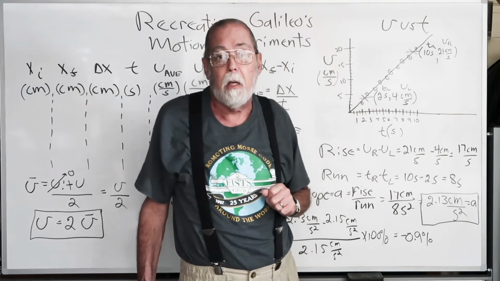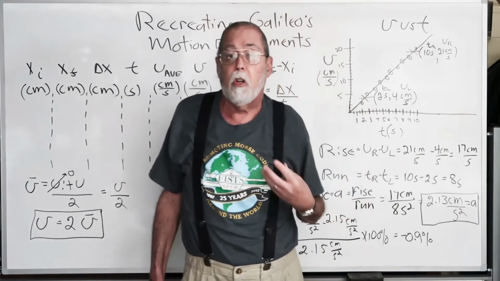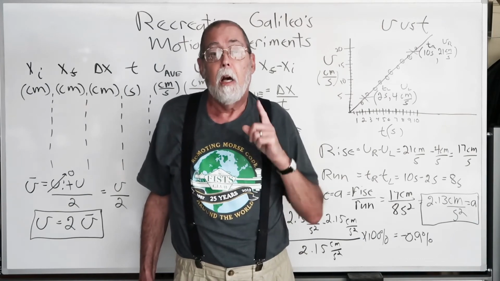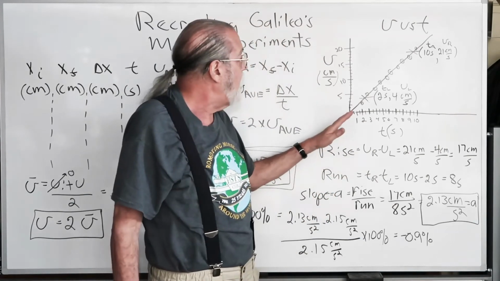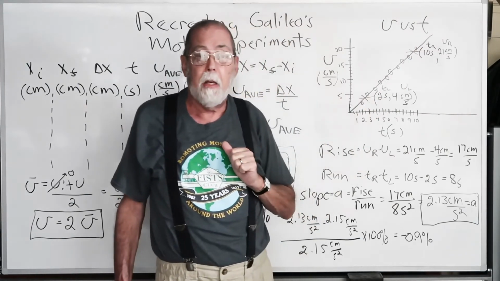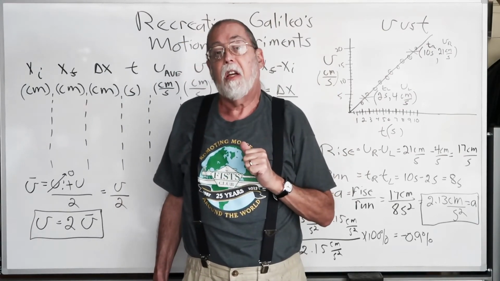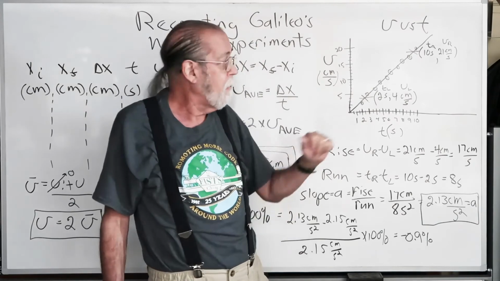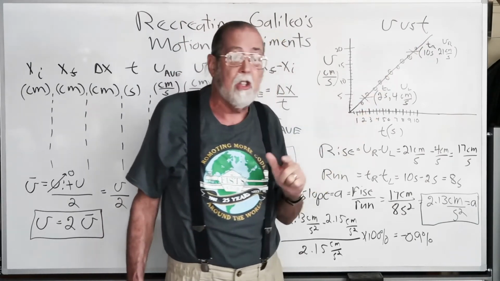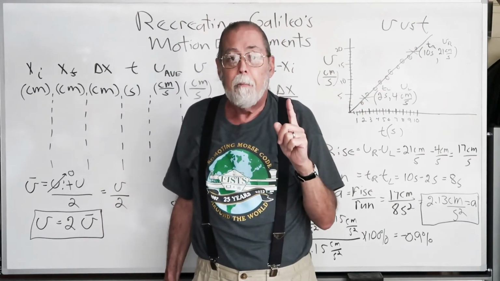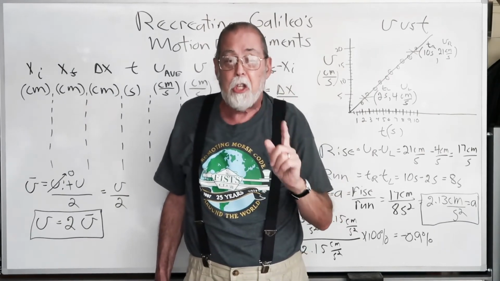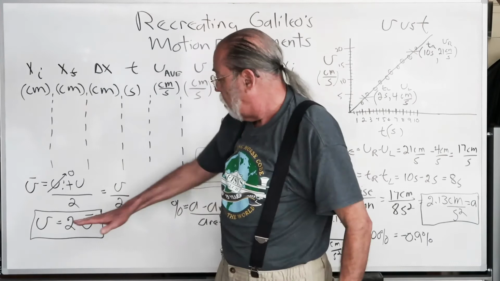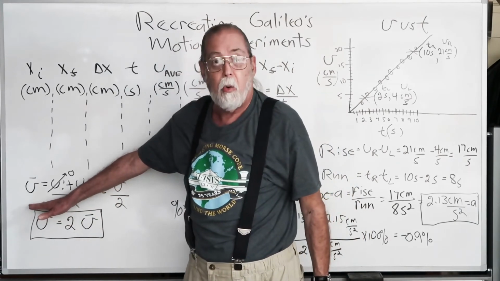And that is the experimentally determined value for me of A. The fact that the line is straight indicates that the acceleration, which is the slope of a velocity versus time graph, a straight line means that that slope is not changing, and that means that the acceleration is indeed constant, and that means that we were correct in using this equation.